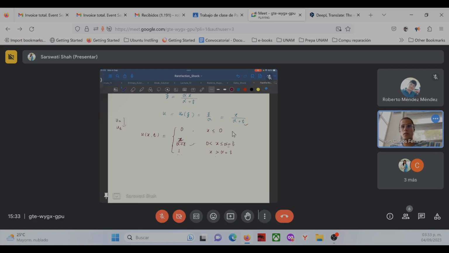Just don't discuss, just tell me whether it is continuous or not, and then I will tell you why it is continuous and why it is not. No. The function is not continuous. Not continuous. Yeah. The derivative.